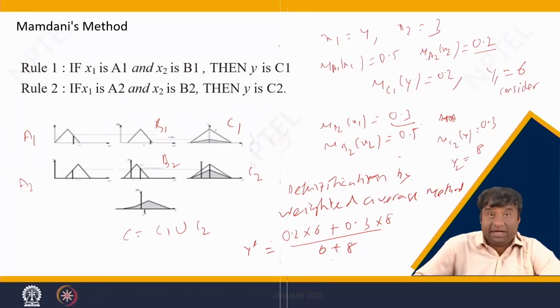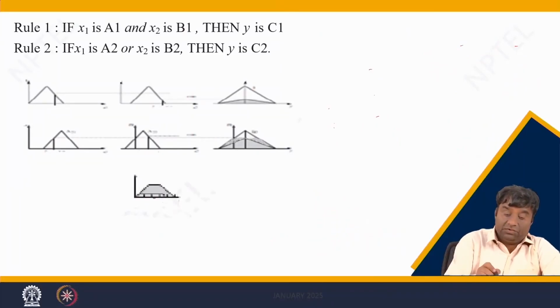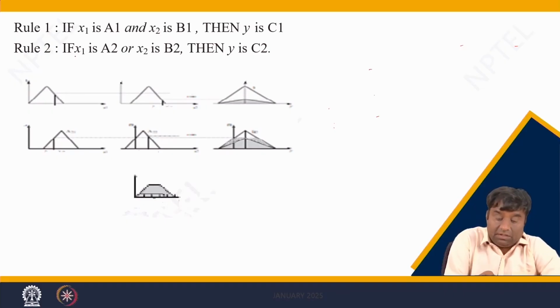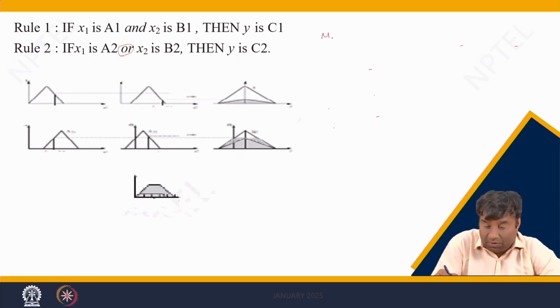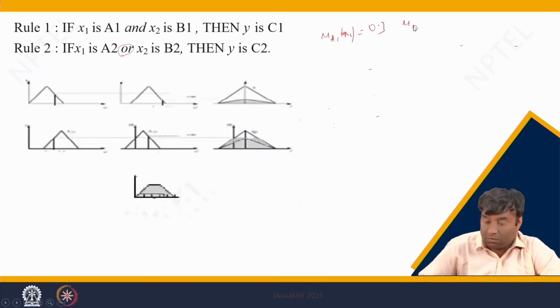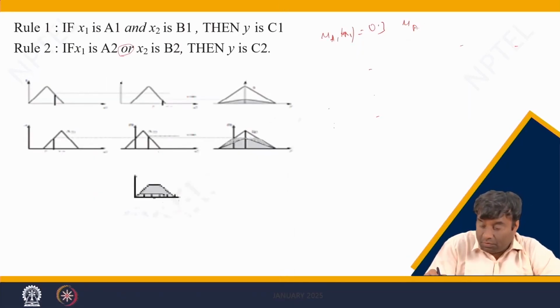A similar example, but the rule is different. So here if x1 is A1 and x2 is B1, then y is C1. If x1 is A2 or, so we will get the maximum value, x2 is B2, then y is C2. So similarly here mu A1(x1) is 0.3, mu B1(x2) is 0.5.